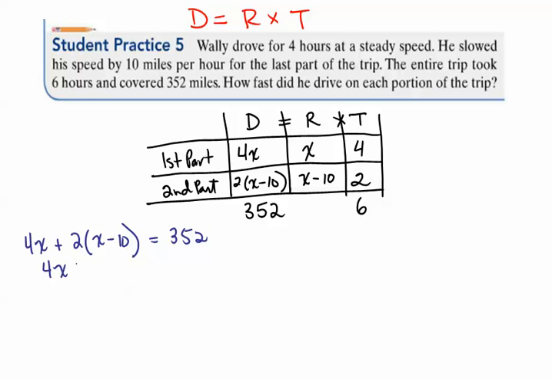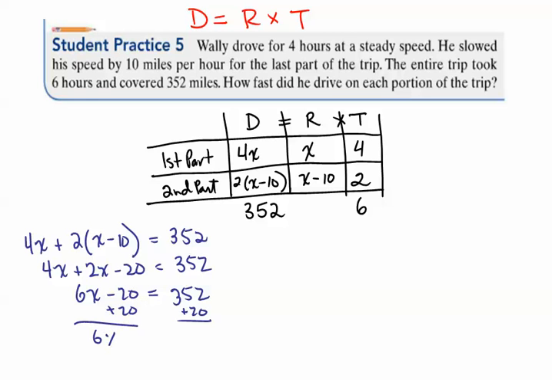We're simply going to multiply out here. When we do, we get 4x plus 2x minus 20 is 352. Combining like terms, we get 6x minus 20 is 352. Adding 20 to both sides, we end up with 6x is equal to 372.